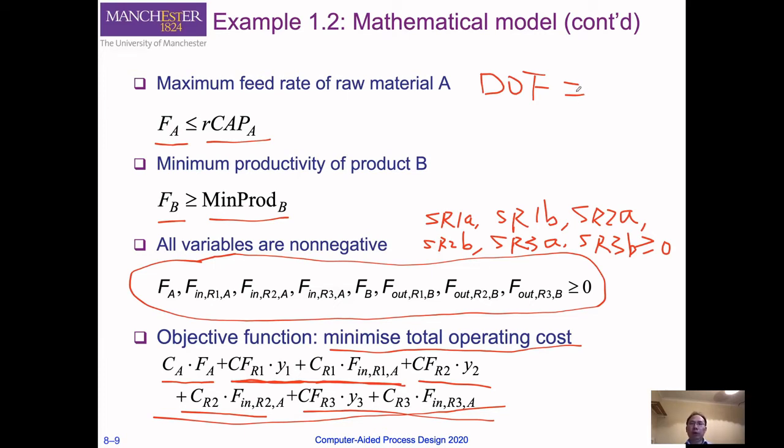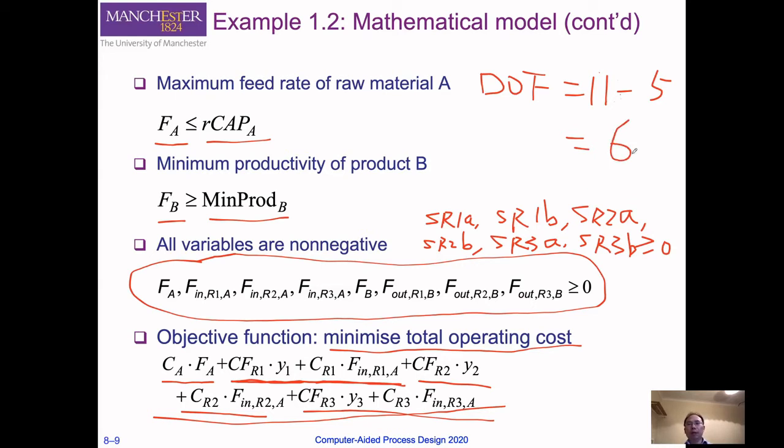The degrees of freedom is equal to the number of variables minus the number of independent equations. Let's first see, if we don't introduce slack variables, how many variables we have. We have 11 variables minus how many independent equations. We have 5 independent equations, right? The degrees of freedom is equal to 6.